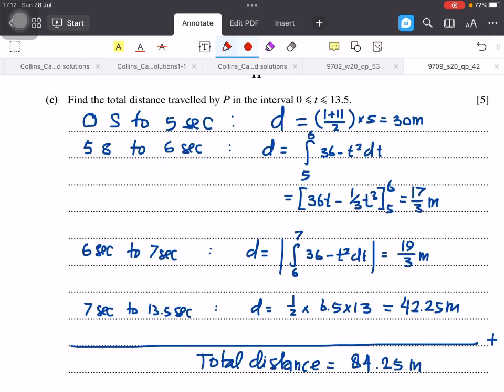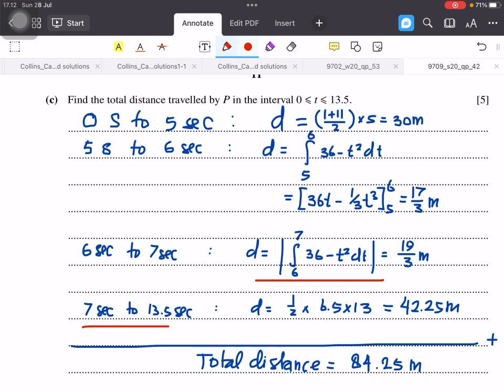And then be careful for area 3. Area 3 using integration will be negative. But since this is distance, it's always positive, unlike displacement. Displacement can be positive or negative, depending on the direction. So for the distance, we take the absolute value and make it positive, 19/3 meters.